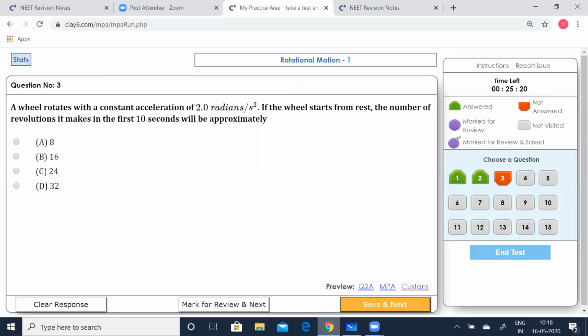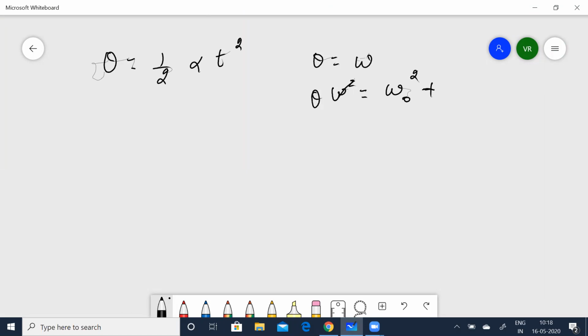Here you can use the formula theta is equal to omega 0 t plus half alpha t squared. Since the initial velocity is 0, the first term becomes 0, so theta is equal to half alpha t squared.